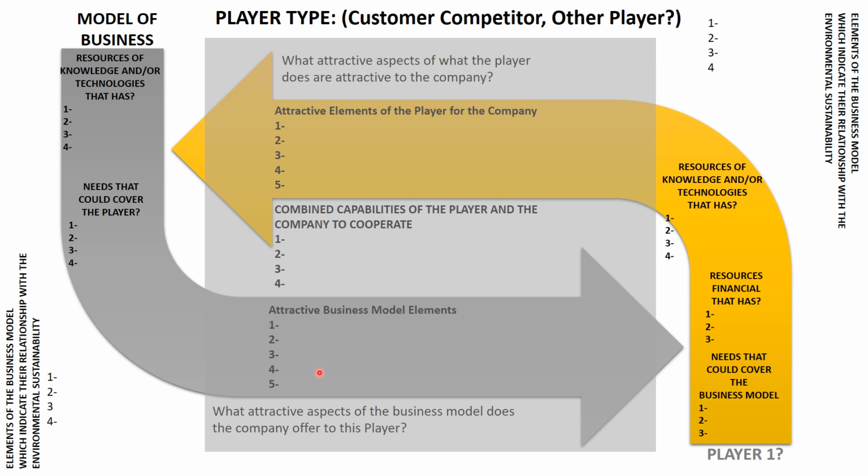Below, you have the other question: what attractive aspect of the business model does the company offer to this player? In this situation, you identify the attractive elements of our business model for the player.